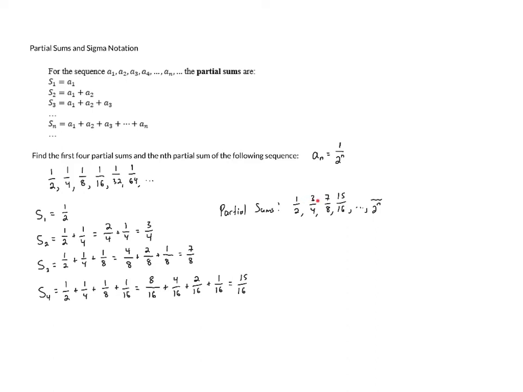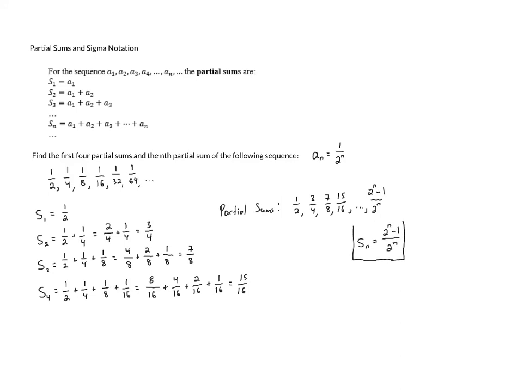Now, if we look at the numerators, we note that each numerator is 1 less than the denominator. 1/2, 3/4, 7/8, 15/16. So to get the numerator, we just need to subtract 1 from the denominator. So here, that's going to be 2 to the nth power minus 1. So the nth partial sum here is given by 2 to the nth power minus 1 all over 2 to the nth power.